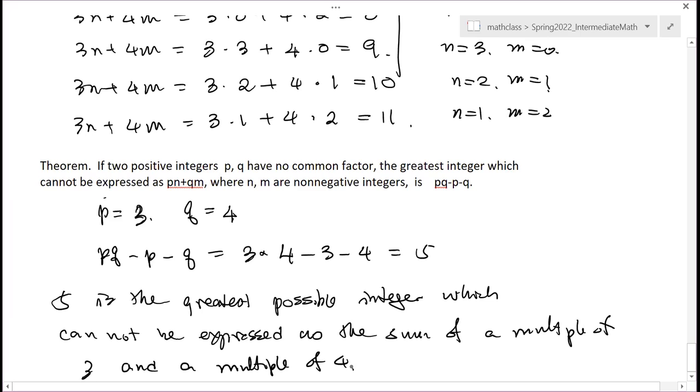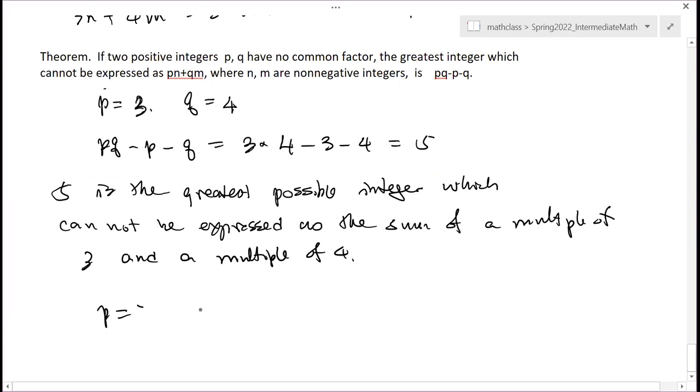Sometimes they will test you on this. They give you other integers, maybe 7 and 5. What happens when p equals 7 and q equals 5? Then p times q minus p minus q equals 7 times 5 minus 7 minus 5.